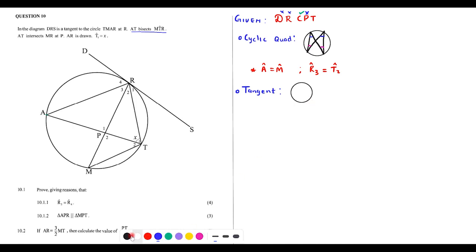The tan-chord theorem says if I have a circle and a tangent, and then there is a triangle like that, the angle formed by the tangent and the chord is going to be equal to an angle opposite that chord. And this also applies on the other side.